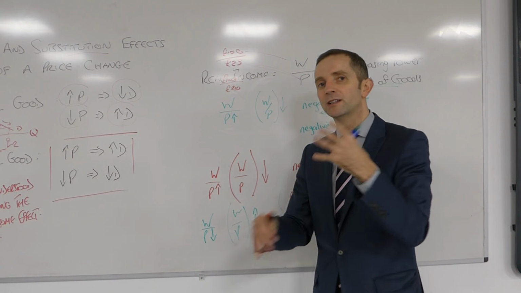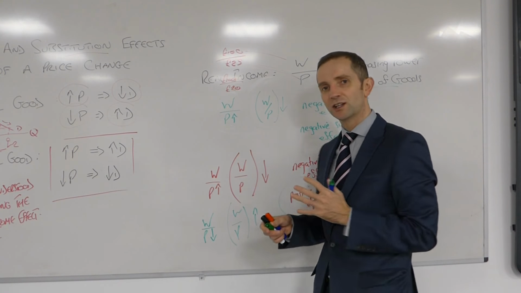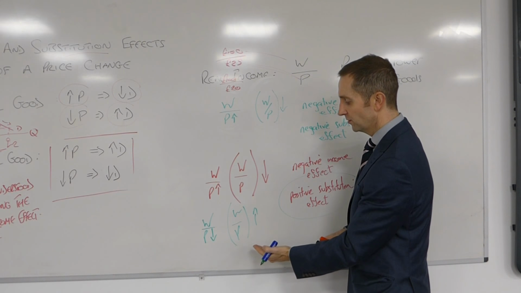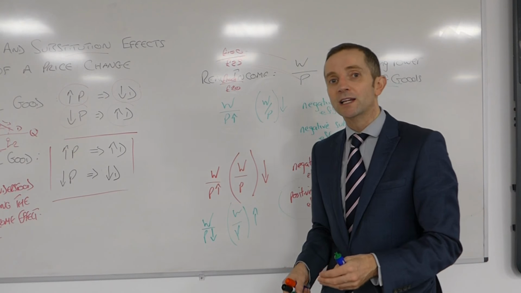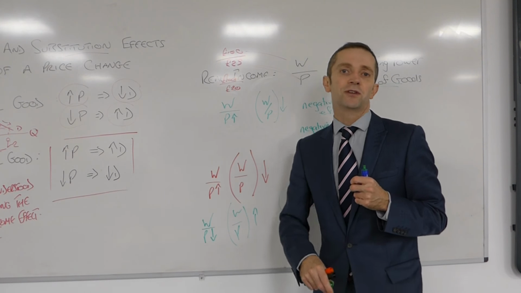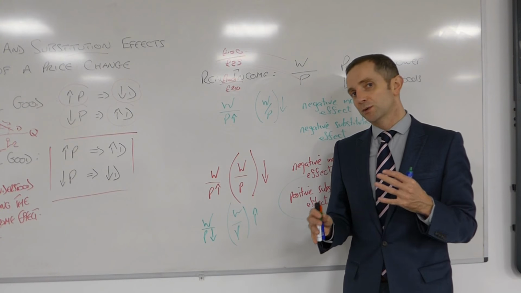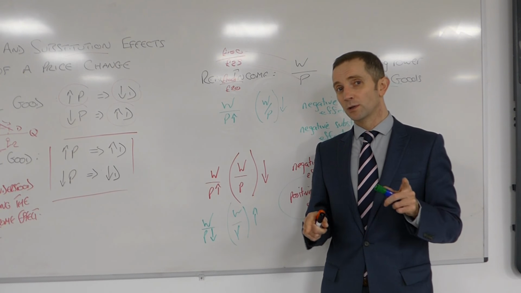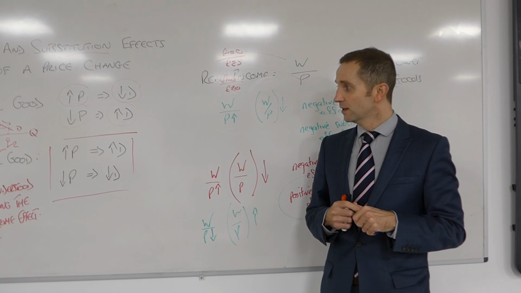So you'll go out and you'll buy DVD players instead of the VHS player. And so in this case, this positive income effect is outweighed by the very negative substitution effect. And that, ladies and gentlemen, is the explanation of this income and substitution effects for normal goods and inferior goods.